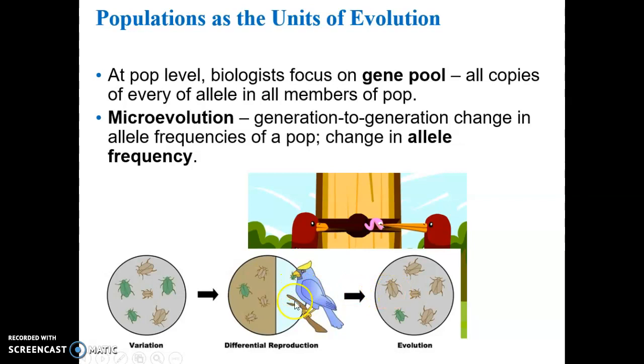So over time, the alleles of the brown or tan beetles are going to become more common in the population. The alleles of the green beetles, less common. The alleles are determining beetle color in this case. So this is microevolution over time. Speciation hasn't occurred yet, but you can only get speciation occurring, something that's called macroevolution, by getting enough microevolution occurring first.